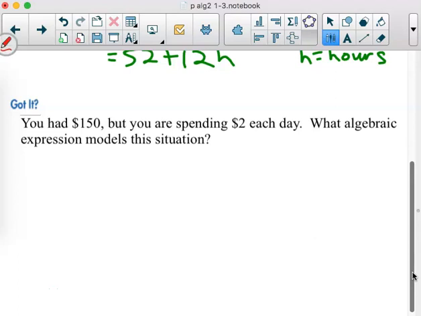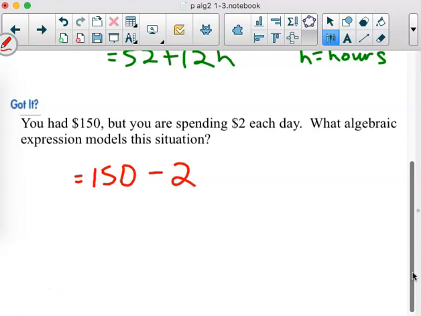You had $150, but you are spending $2 each day. What algebraic expression models this situation? Okay, so let's see. I had 150 bucks. Ooh, I'm spending. Well, then that's not adding. When you're spending money, it's gone. It's being taken away from you. So minus $2.